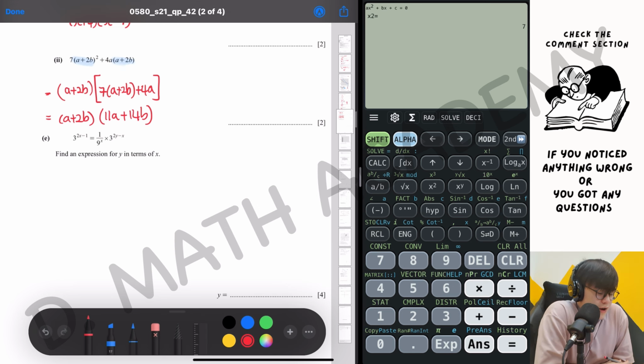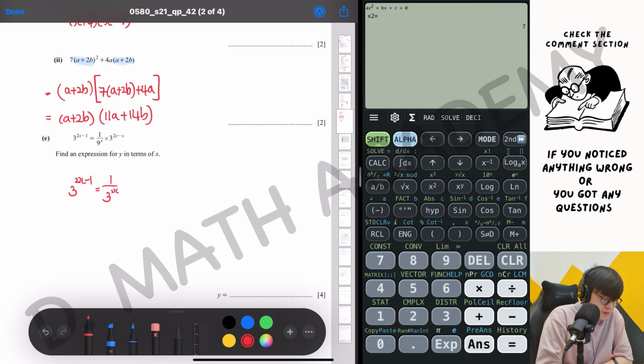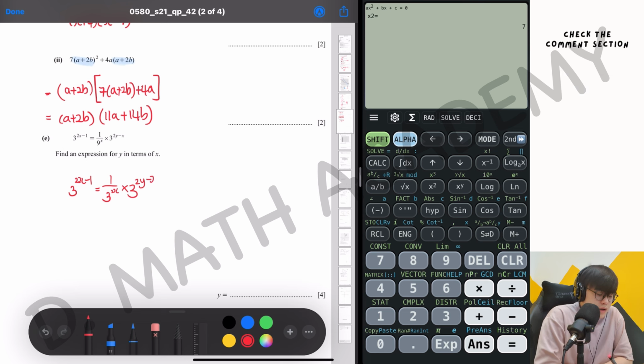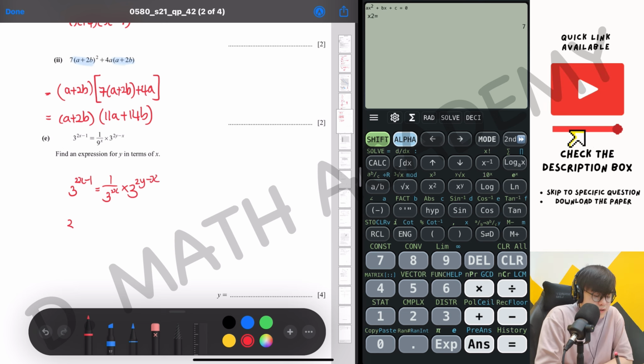Moving on, find an expression for y in terms of x. I will try to change everything into power of 3 first. And then bring up the denominator there and make it into 3 to the power of negative 2x.